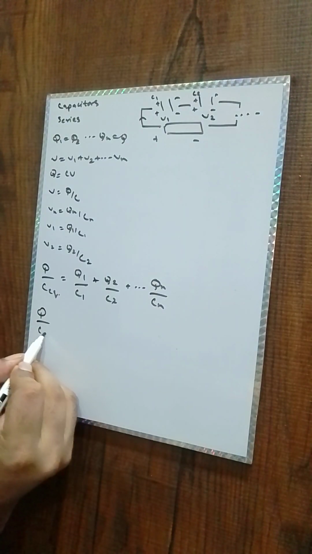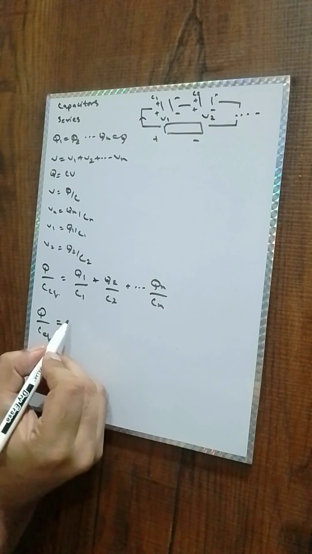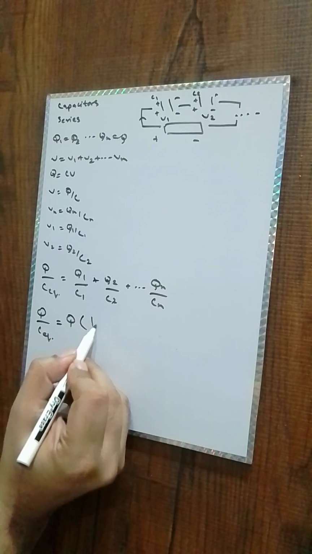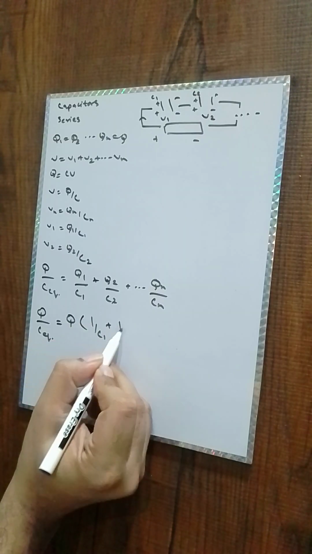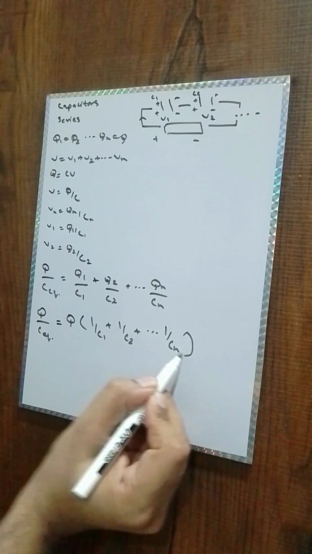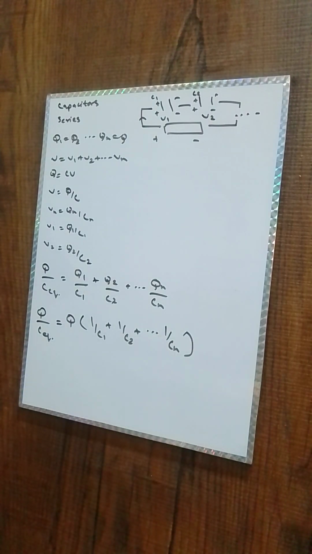So we take Q by C equivalent here on the left and Q as common. We're left with 1 by C1 plus 1 by C2 plus up to 1 by Cn, the nth capacitor in the circuit.